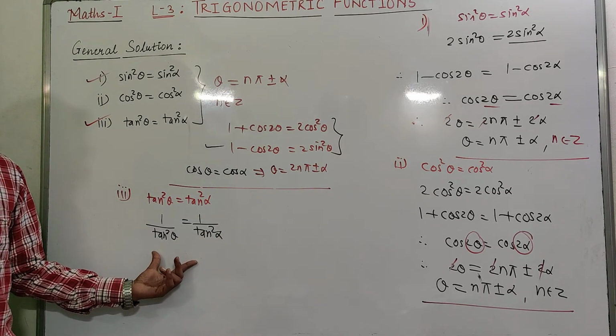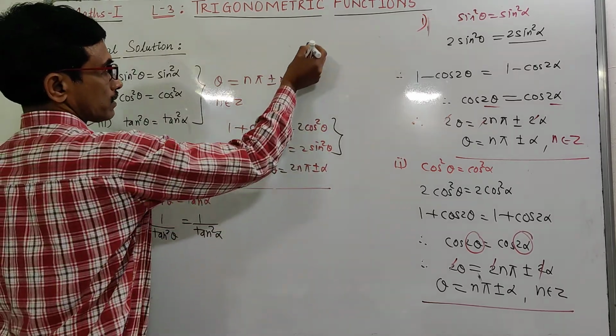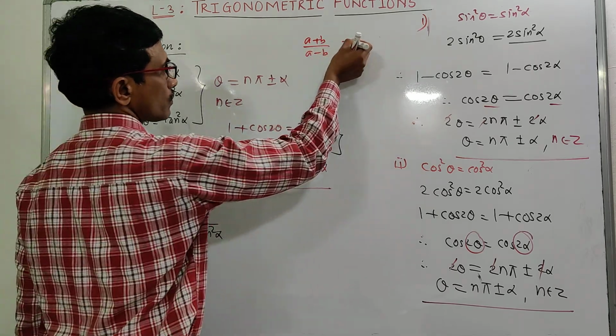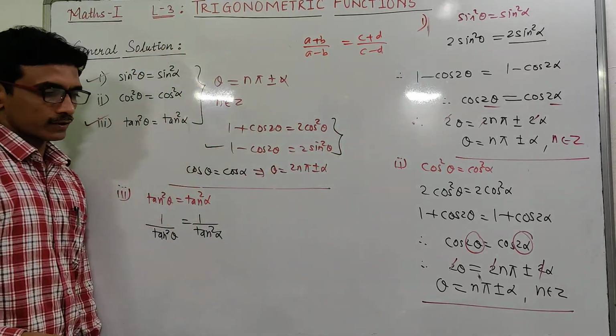Now we apply here componendo dividendo, that is, for two equal ratios, a plus b upon a minus b is equal to c plus d upon c minus d.